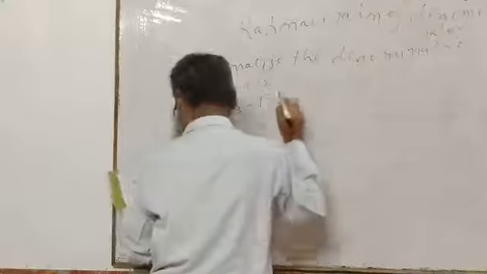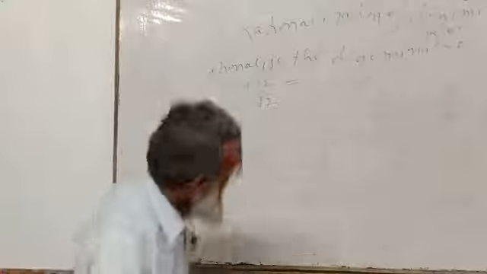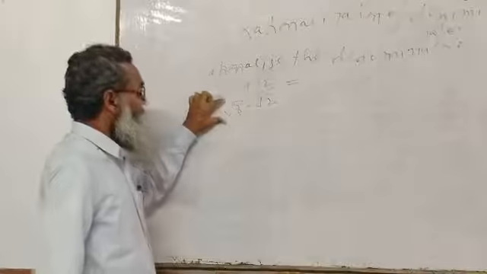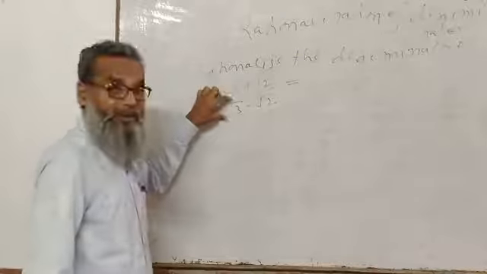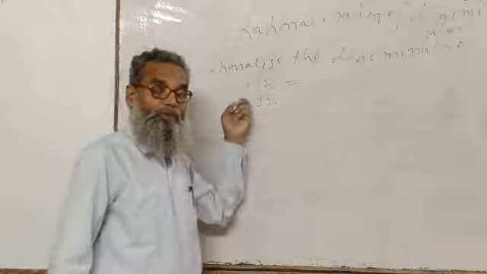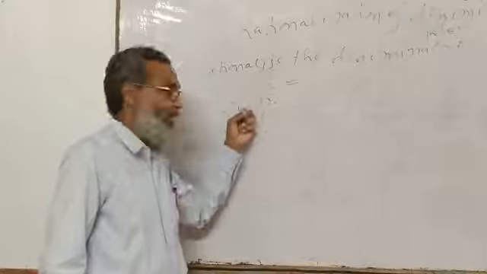Here the denominator is root 3 minus root 2, so I have to rationalize it. We multiply both numerator and denominator by root 3 plus root 2.